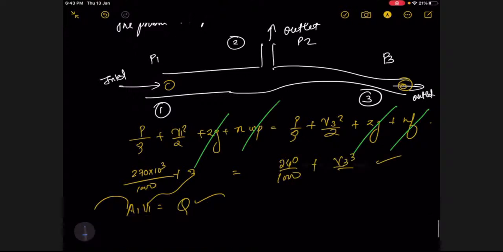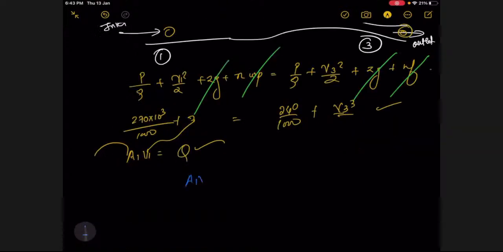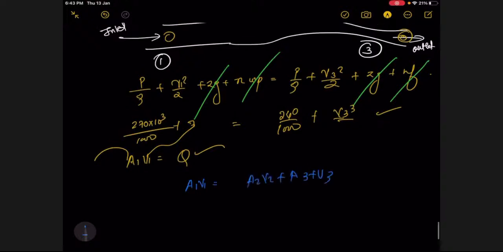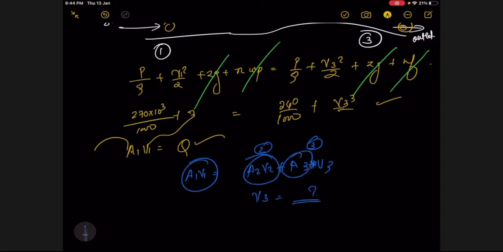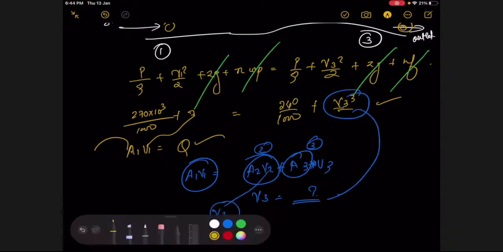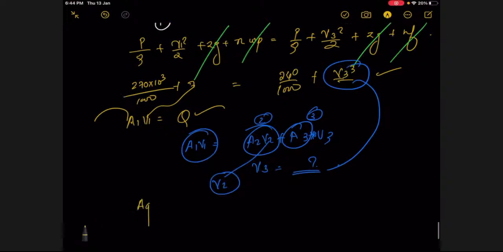Now you can write the continuity equation that A1 V1 equals A2 V2 plus A3 V3, because the second point and third point are outlets. So here you have A1 V1, A3 is given, and V3 you calculated. So from this equation, you can calculate V2. And we want the pressure at the second point. So now again apply the Bernoulli's equation at points 1 and 2, because we want the pressure at point 2.